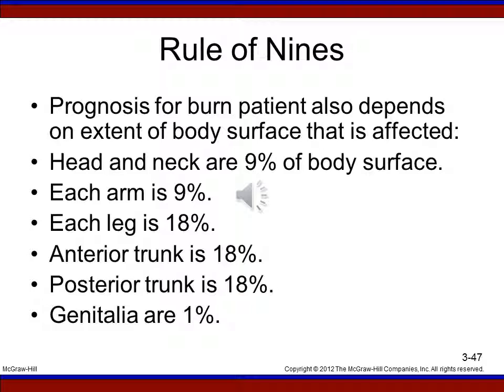And the genitalia are 1%. These rules of nines help with the treatment and help explain and communicate how extreme the burns are. Take a look at figure 3.27 on page 72, so you get to see an illustration of the rule of nines.